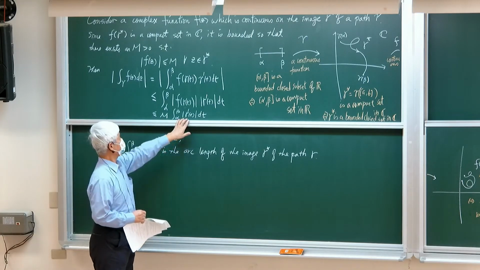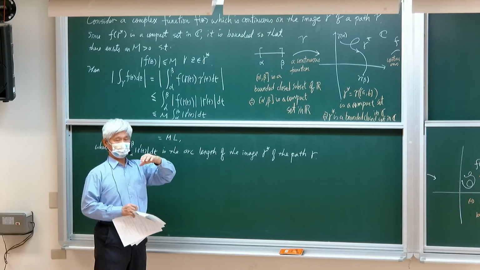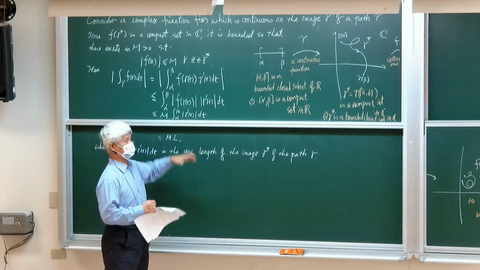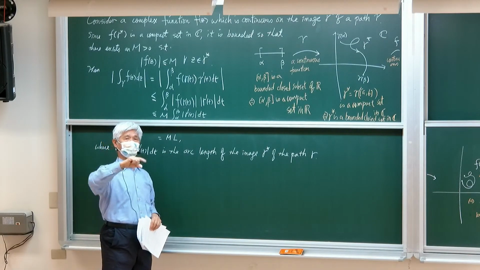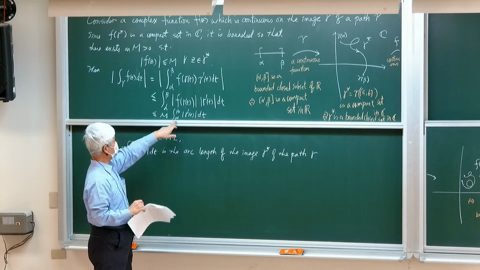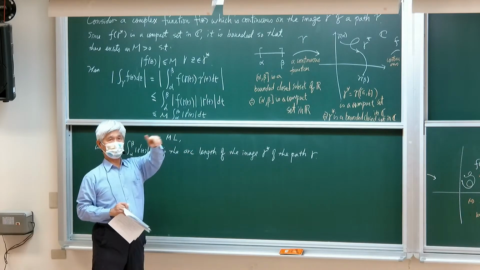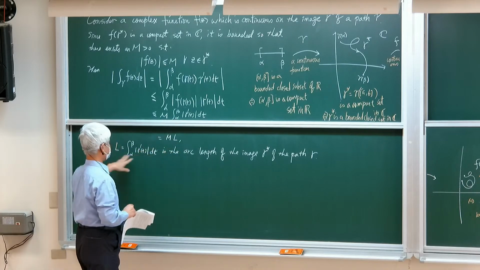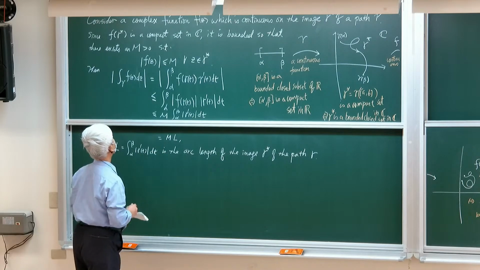So the absolute value is the speed, and multiplied with time, speed times time is the distance. So this is the differential distance along the path, and we integrate over all time, traveling through the path. This gives us the arc length. So L is the arc length.